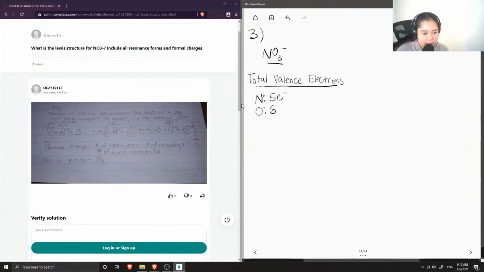Each oxygen atom contains 6, and there are 3 of them, so 18. And notice we also have a negative charge on the entire molecule, so I'm going to add an extra electron. If we add this all up, we should get 24.